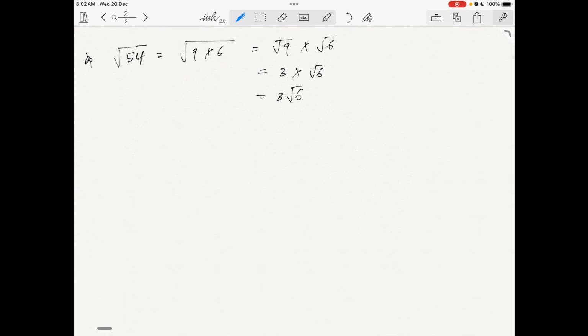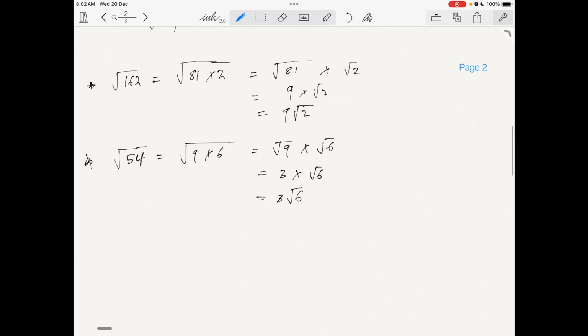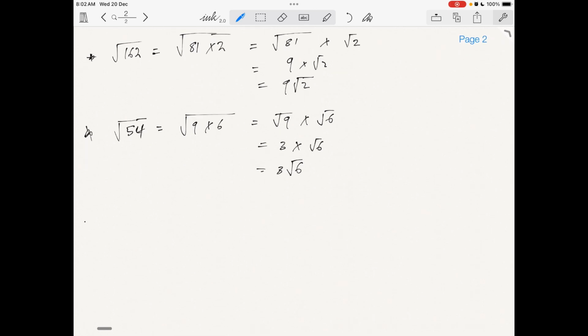Let's take one more example. We are given root 98. This 98 in its basic form can be root 49 multiplied by 2. Following the rule of surds, root 49 multiplied by root 2 will give us 7 root 2.